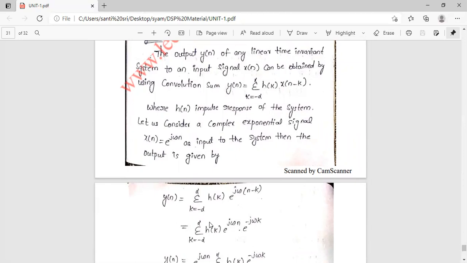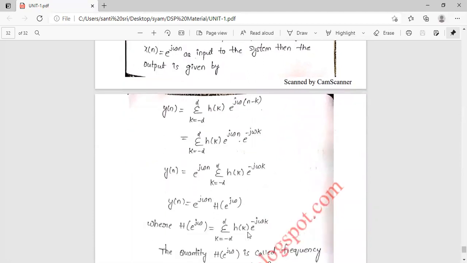We will expand this as e power j omega n into e power minus j omega k, right? So y of n equal to, extracting e power j omega n outside, e power j omega n into sigma k equal to minus infinity to infinity h of k into e power minus j omega k.